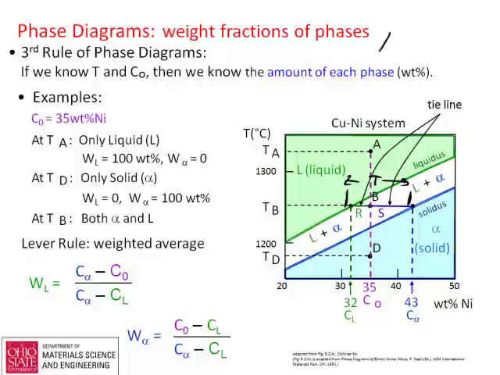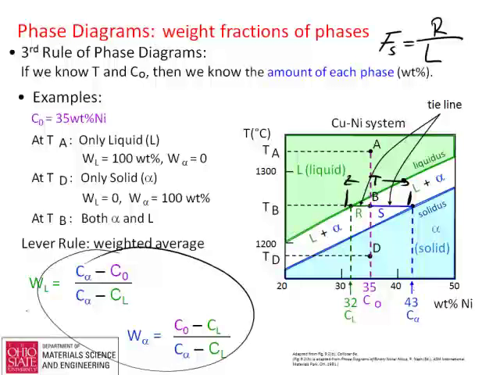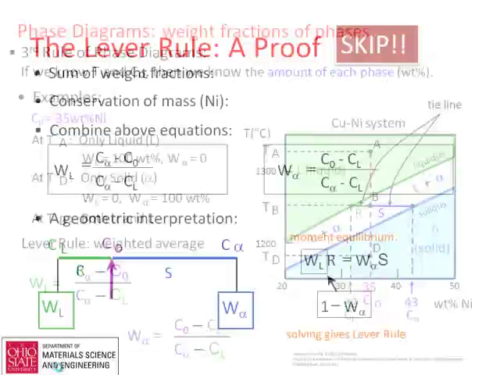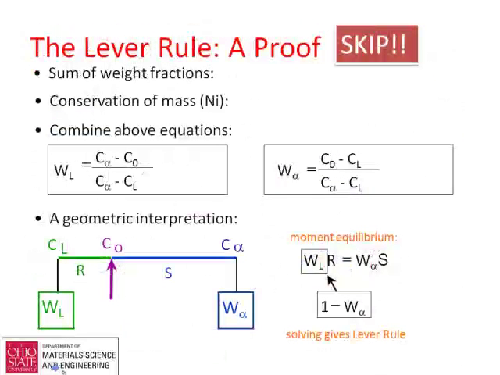For example, the fraction of the solid would be equal to this distance R over basically that total length. I'm not going to waste time on that because it gets beyond where you want. There are nice mathematical proofs for that, but I doubt you're going to do this in the ninth grade.